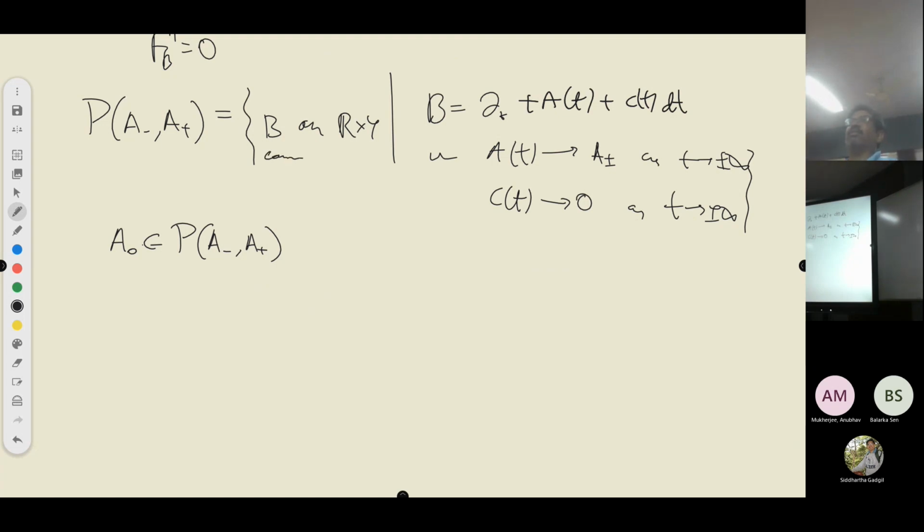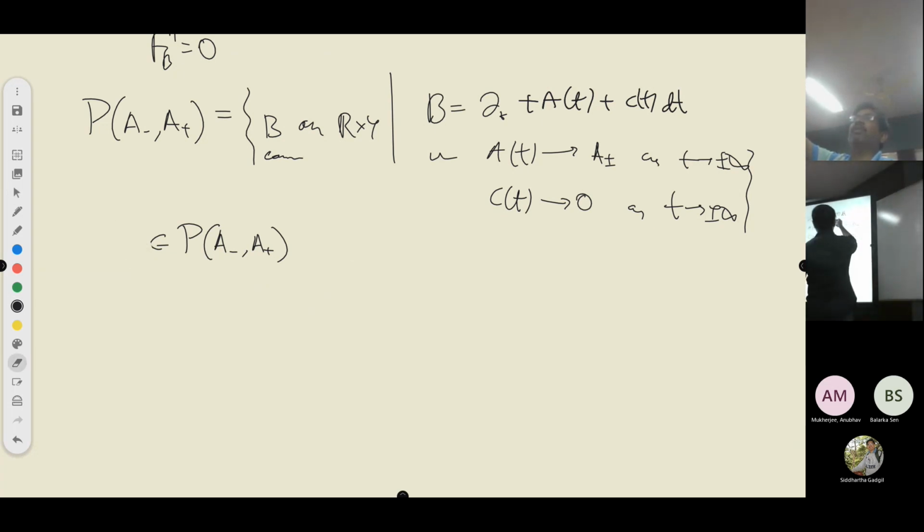Just a connection. That's fine. So let's fix a reference connection of the following form: del T plus A of T plus Ct. What kind of creatures are those? C is just a function. A is a connection for each time. A is a connection on Y.